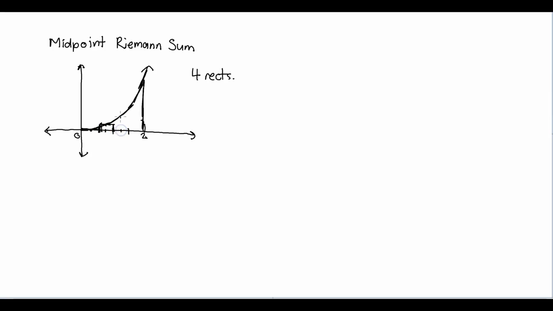Okay, and now you can see why this will be a little more accurate. It's because some of it will be in, some of it will be out. Okay, so you have 4 rectangles right now. So each of them has a length of 0.5. Okay, so 0.5 times f of the midpoint, so f of 0.25.